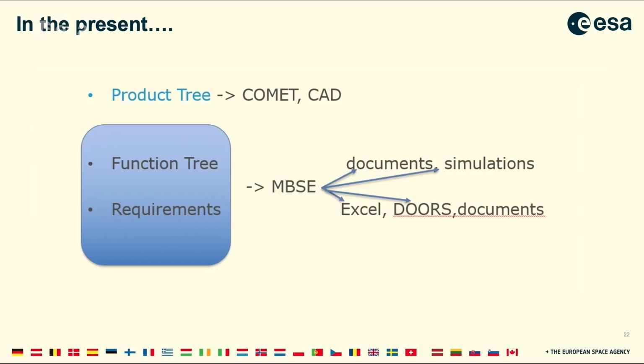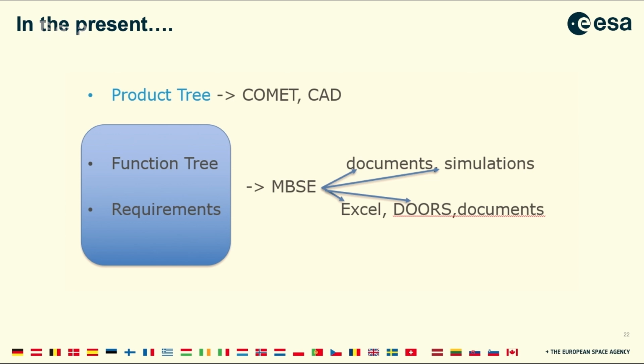Now, MBSE is really taking over, and particularly the function tree and the requirements are often modeled together in an MBSE tool. That doesn't mean that we cannot get documents or simulators or Excel outputs. Typically, these MBSE tools can easily export any function list or requirements list to Excel or to a document.